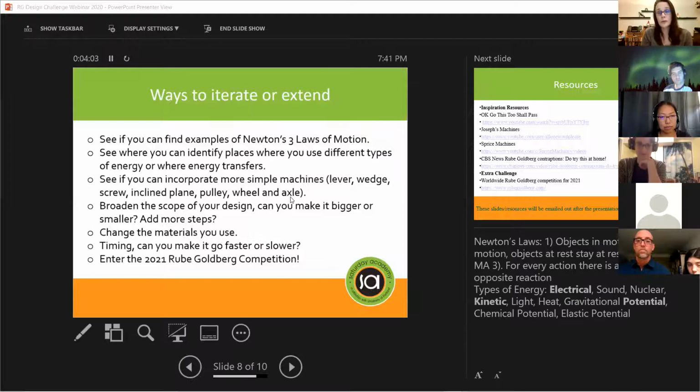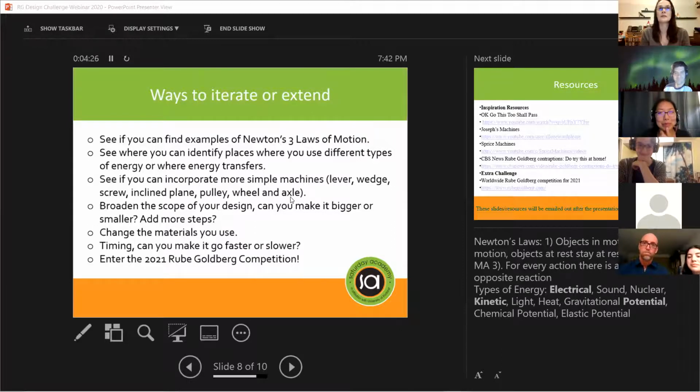If you are really inspired and you want to enter the 2021 Rube Goldberg competition, you can. It is open right now. The challenge this year is to shake and pour a box of Nerds. Every year, the end task is different.